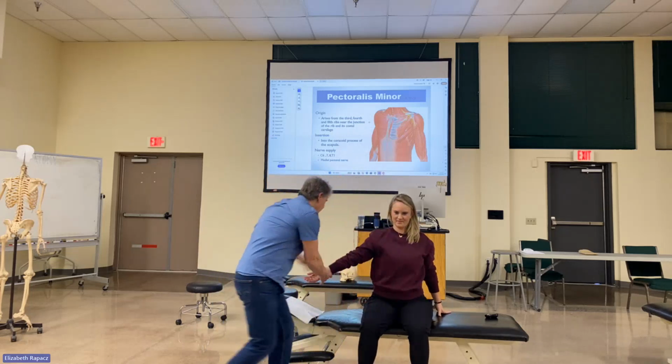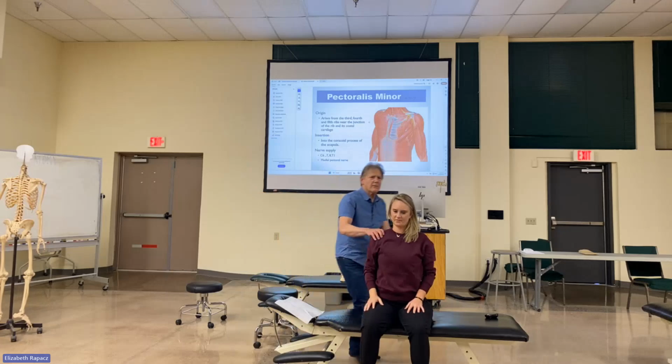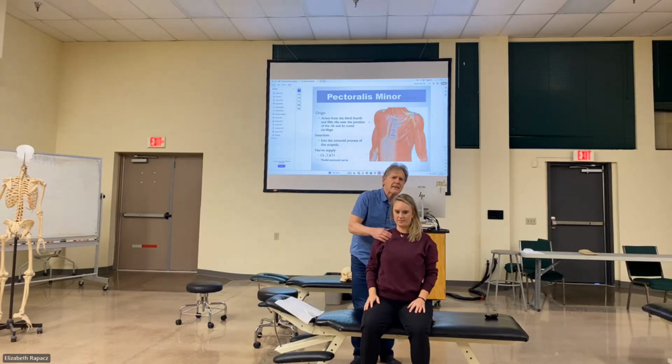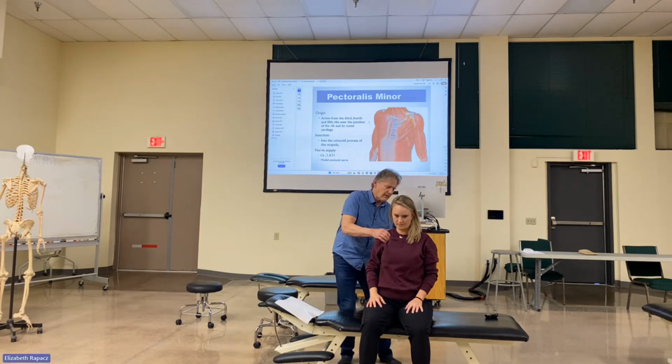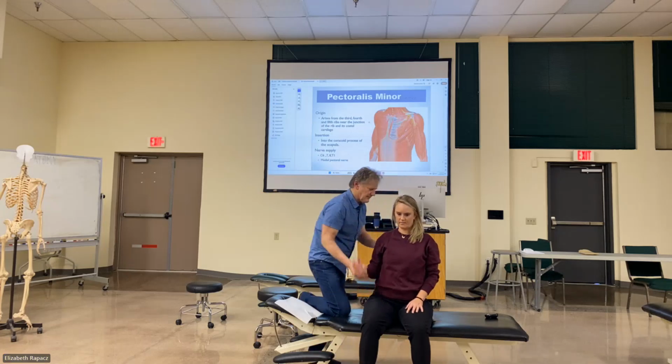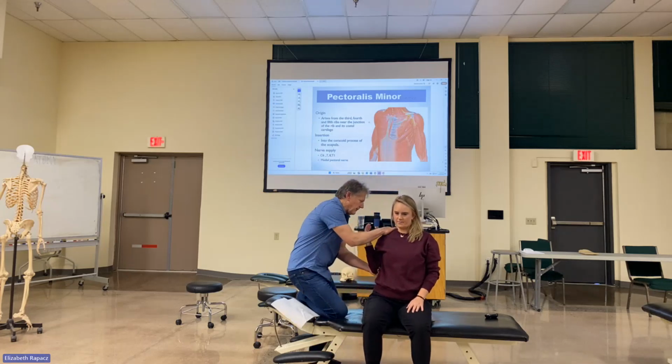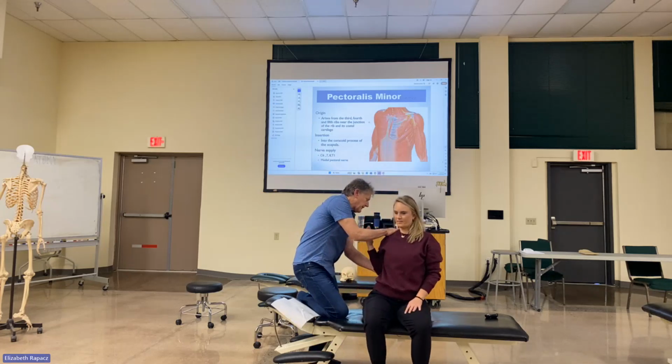Oh, no. So it's not liking the stretch. So what would that indicate? Hypertonic. And what would the pec minor be antagonistic with that we learned last session? Rhomboid, remember rhomboid, rhomboideus.